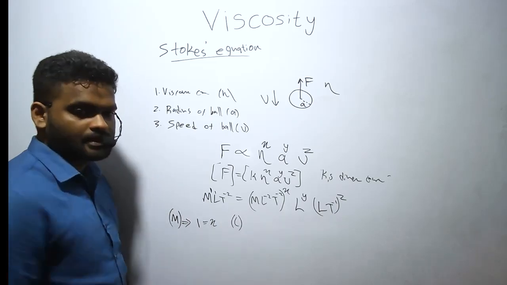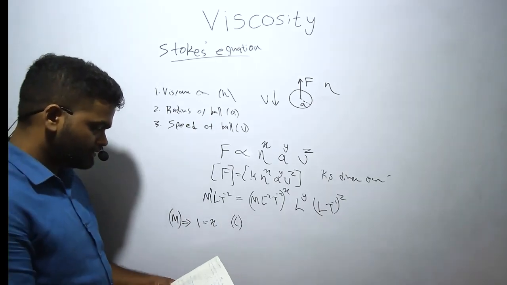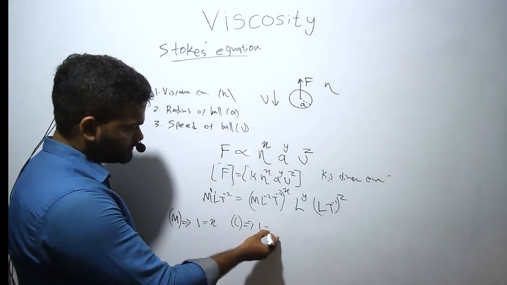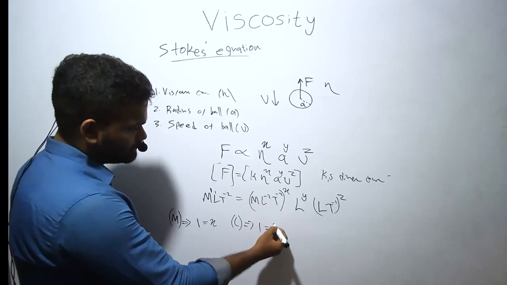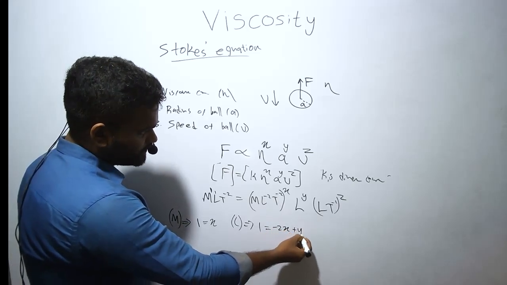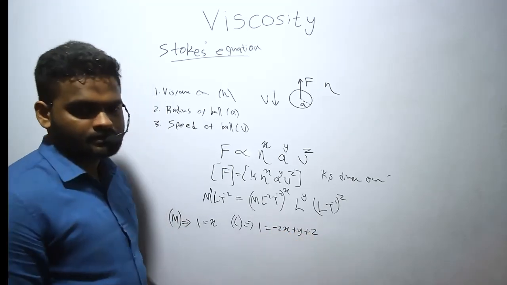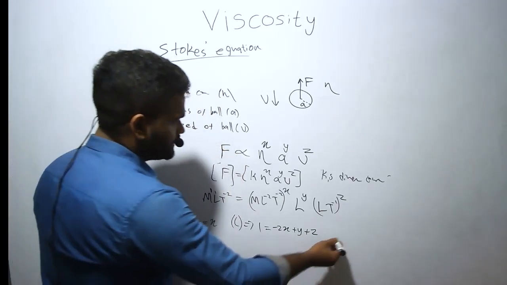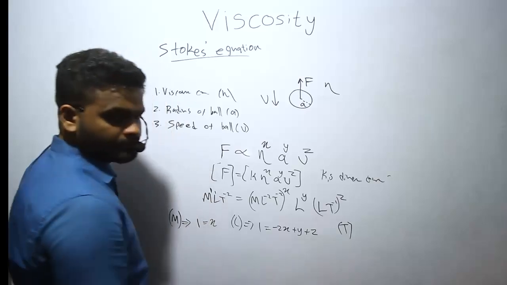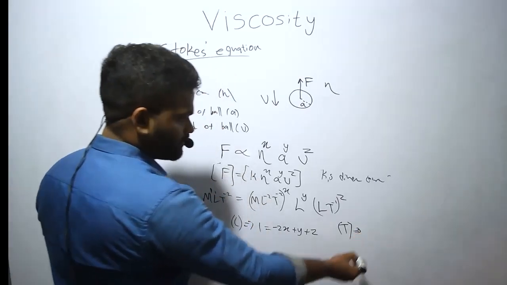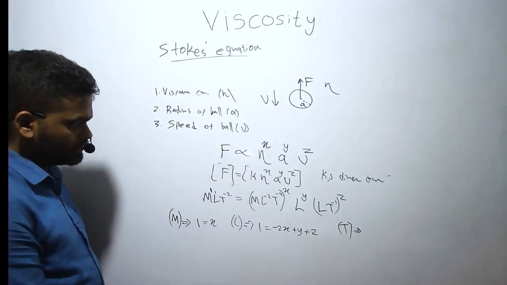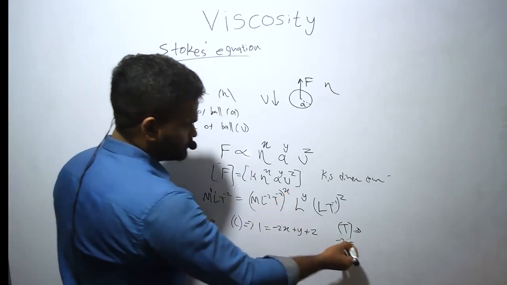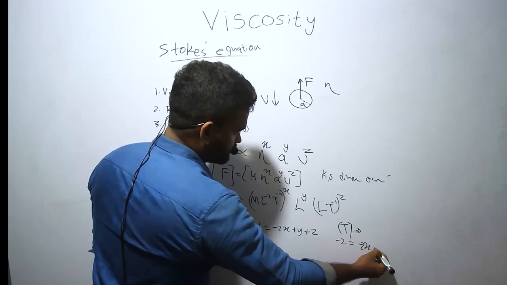Then the equation for L: this side 1 equals minus x plus y plus z. Then the equation for time T: minus 2 equals minus x minus z.